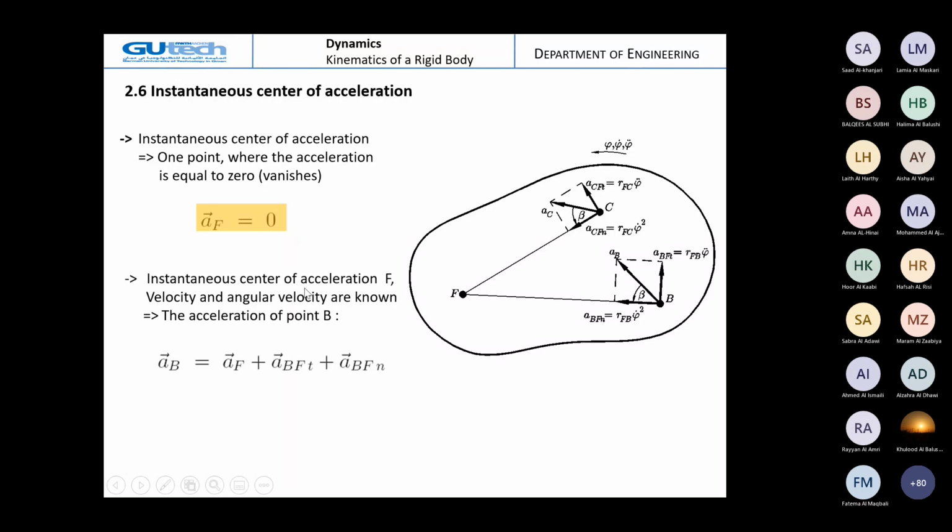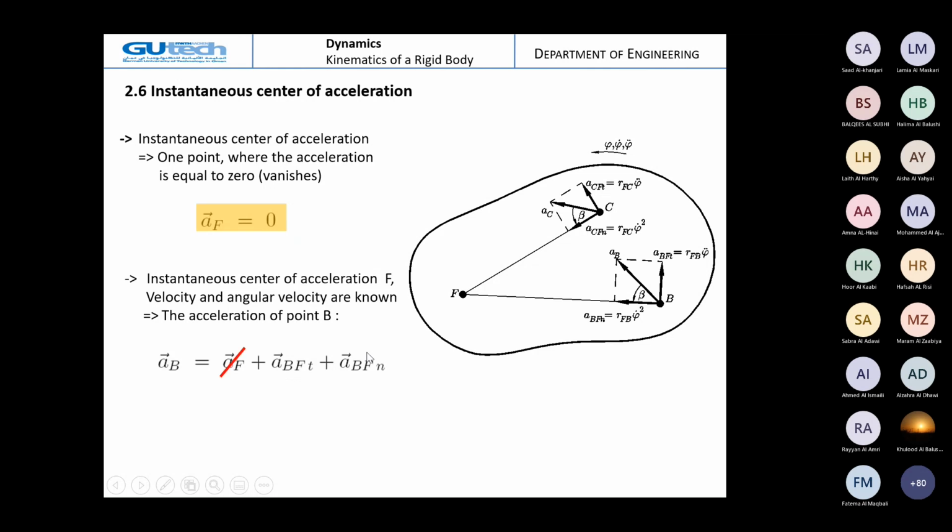Now, the instantaneous center of acceleration F, velocity and angular velocity are known. When we know the velocity and the angular velocity, the acceleration of point B can be described by the following relation. We have seen it in the previous lecture. There is the acceleration of any point, plus two accelerations, the tangential one and the normal one.